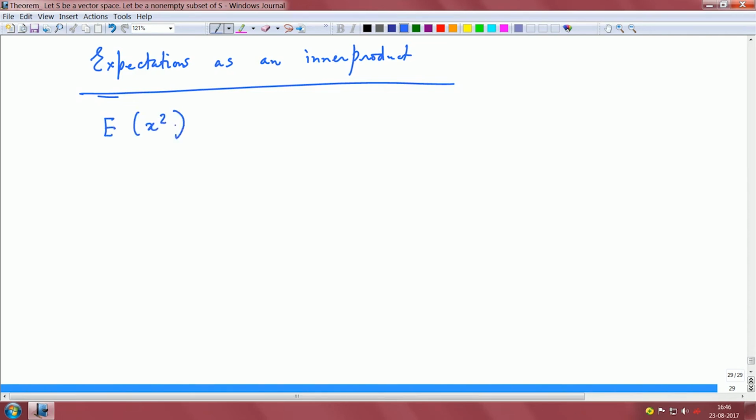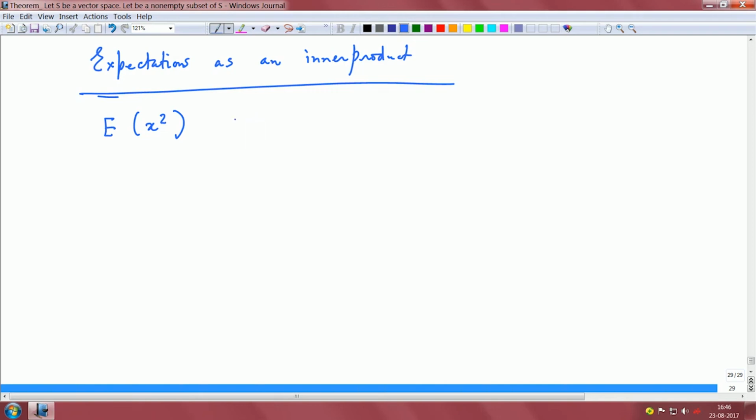Let us look at this quantity which is the expected value of x square. So if the expected value of x is 0, that means a zero mean random variable, basically the expected value of x square is the variance, right, otherwise it is the normal second moment.